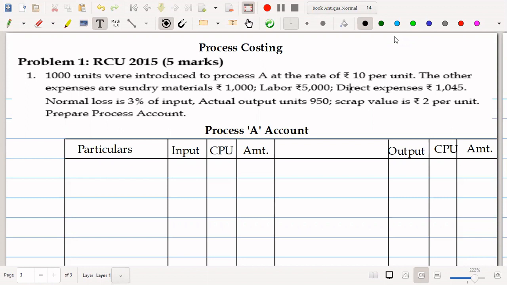So this is the format of the process account. This is particulars, input, cost per unit and amount. On the credit side, there will be output, CPU and amount. So here we'll write particulars.